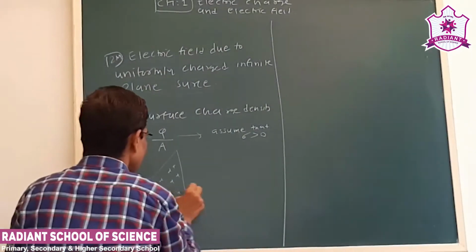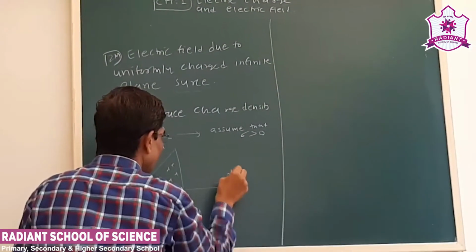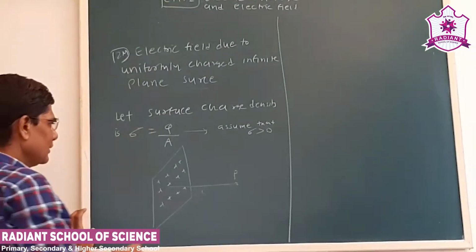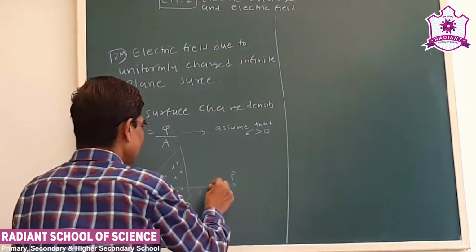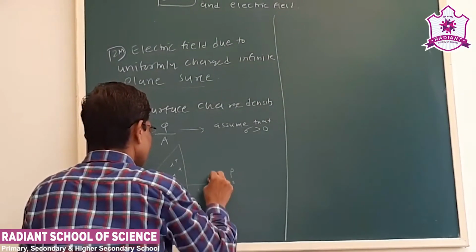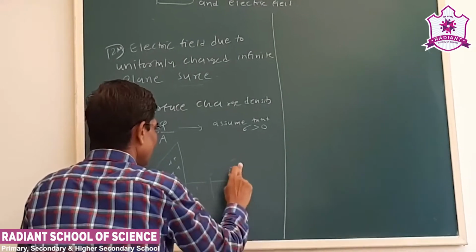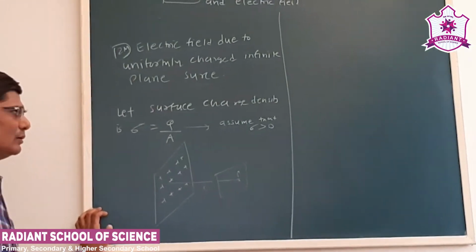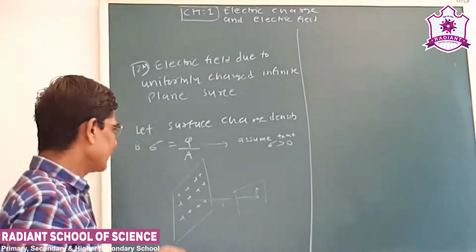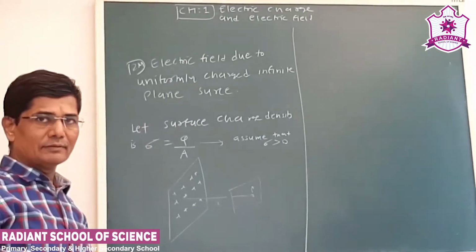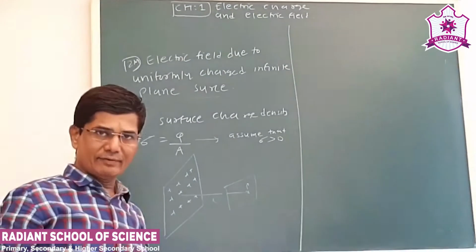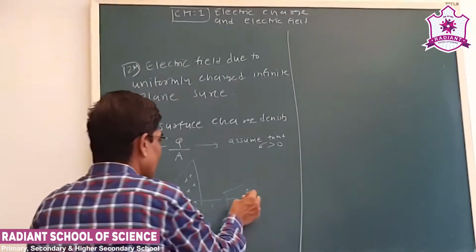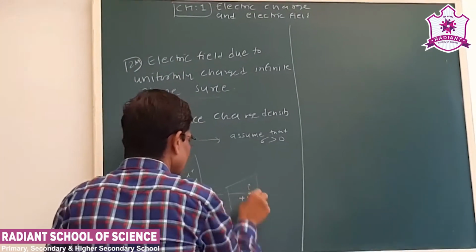Now we have to find the electric field at a point P, which is at a distance of x. We can consider a plane surface which is enclosing P. Whenever we have to find the electric field at any point, we have to find the force acting on a unit positive charge at that point.